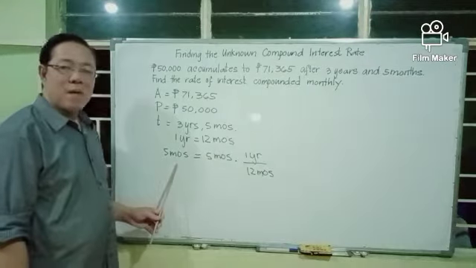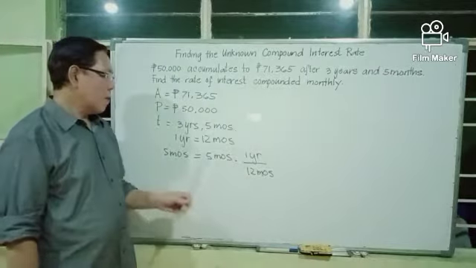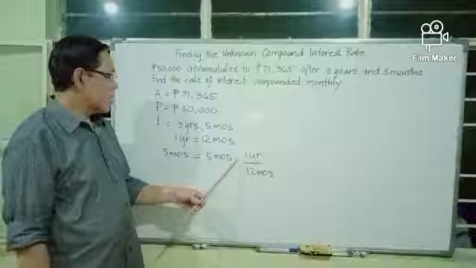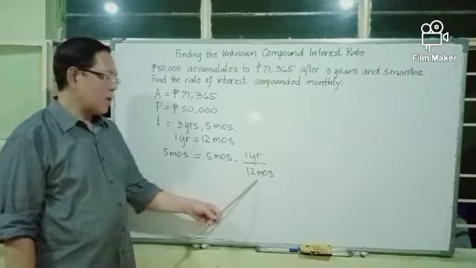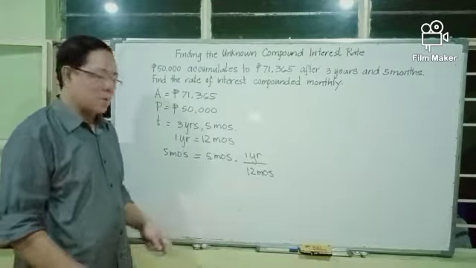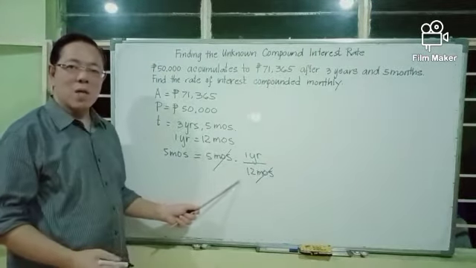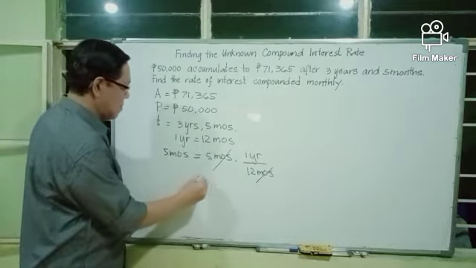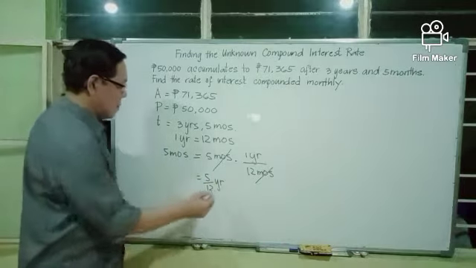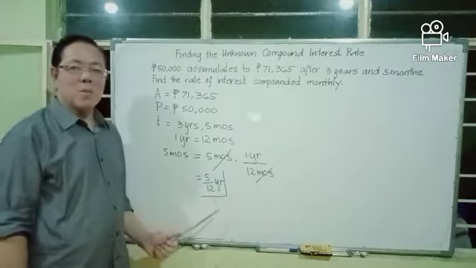We multiply 5 months by the conversion factor obtained from these equivalent times, writing 1 year in the numerator and 12 months in the denominator so that months and months will cancel out. And you get 5 over 12 year.